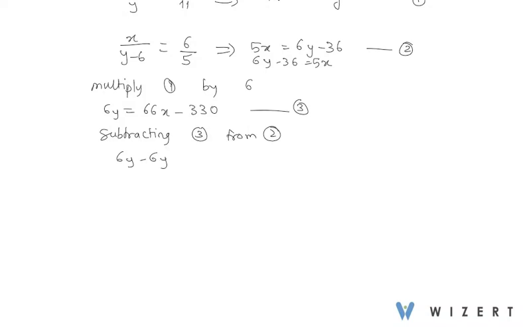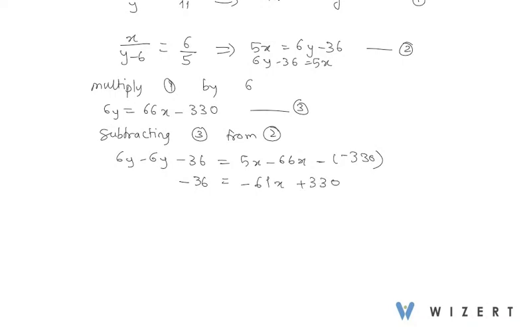Minus 36 equal to 5x minus 66x minus of minus 330. So that is plus 330. So we get, let's see, minus 36 equal to minus 61x plus 330.